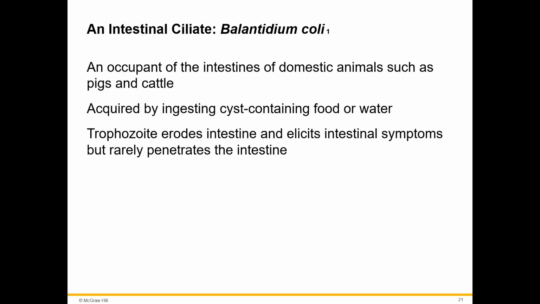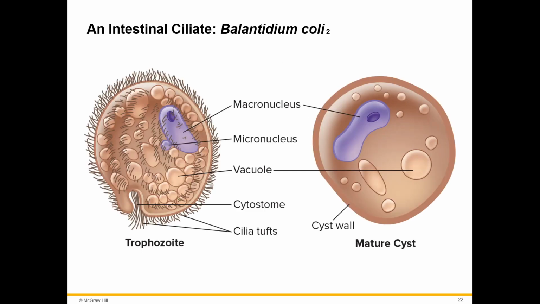You can acquire it by ingesting the cyst from contaminated food or water. Once it becomes a trophozoite in the intestine, it'll erode it, and you can get intestinal symptoms, but rarely does it penetrate through the intestine. It's just going to be eroding it.